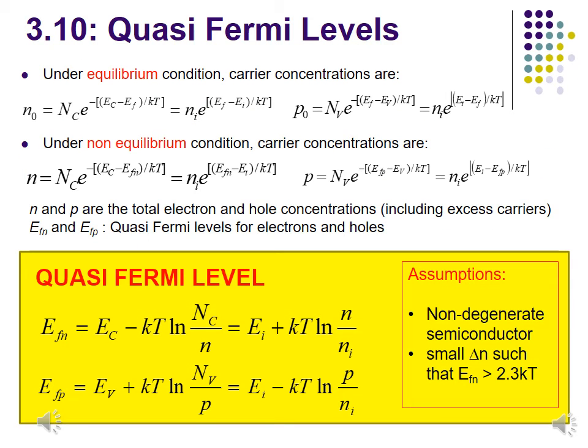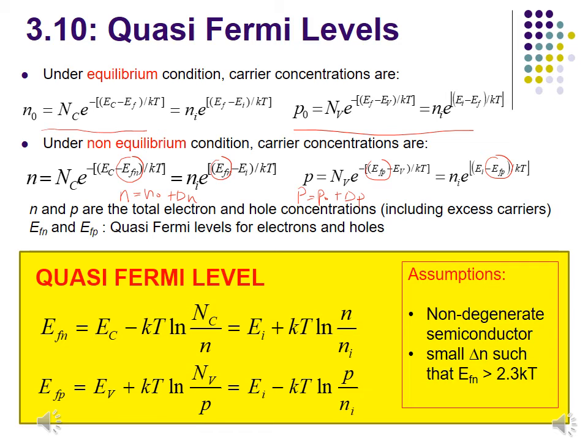We have learned that the carrier concentrations under equilibrium are given in these equations. Under non-equilibrium conditions, these equations can be modified to the equations below. Bear in mind, n is n0 plus delta n and p is p0 plus delta p. And EFn and EFp are the quasi-Fermi levels, as I explained in the previous slide.